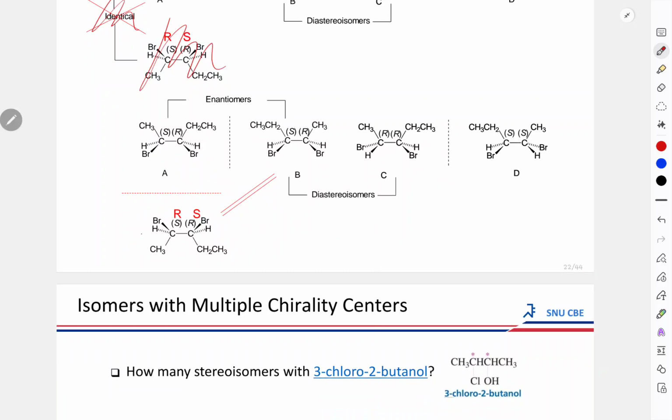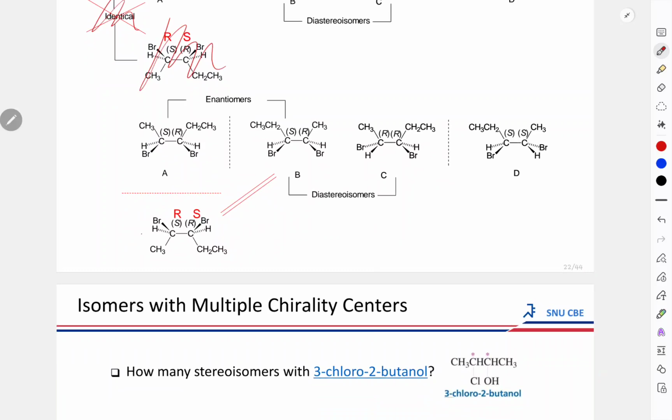Each isomer is drawn as a staggered conformation, and you can also try to match the staggered conformation with the Fischer projection. This is the Fischer projection down below, and above is a perspective formula, and you should be able to match.